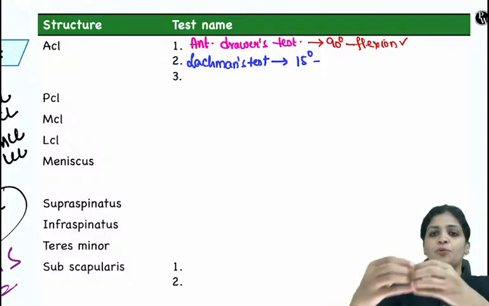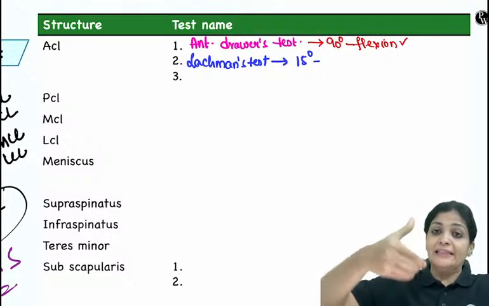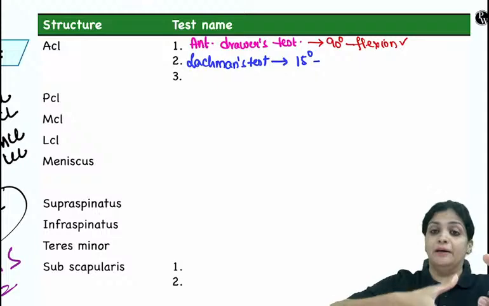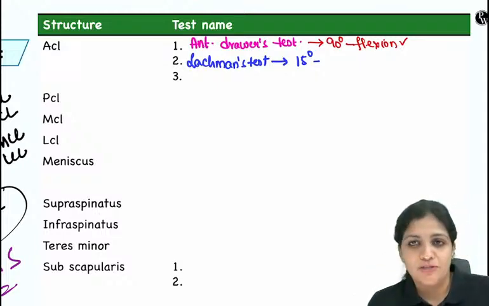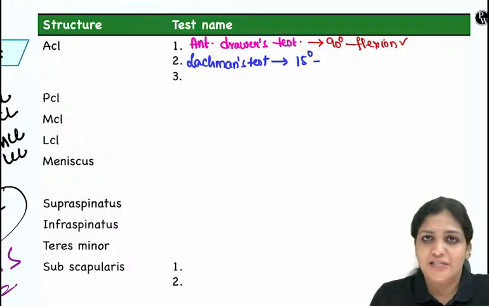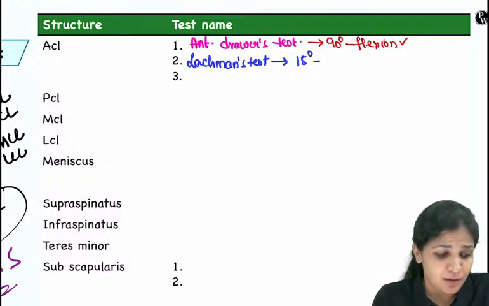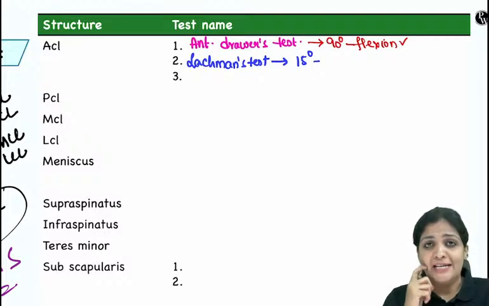So instead of doing this in 90 degrees, you do this. When you feel that the tibia is easily pulled forward, that is again positive, like the anterior drawers test, and this is called Lachman's test. Following, Raj and Pratyusha?